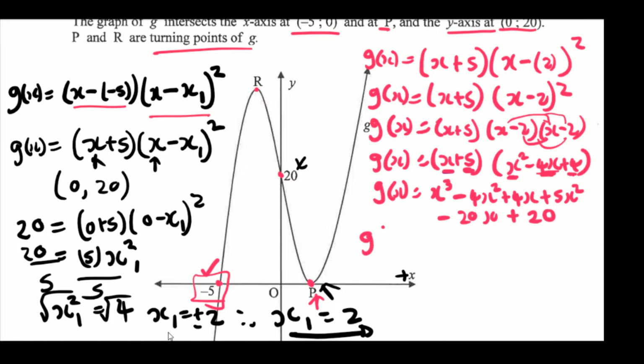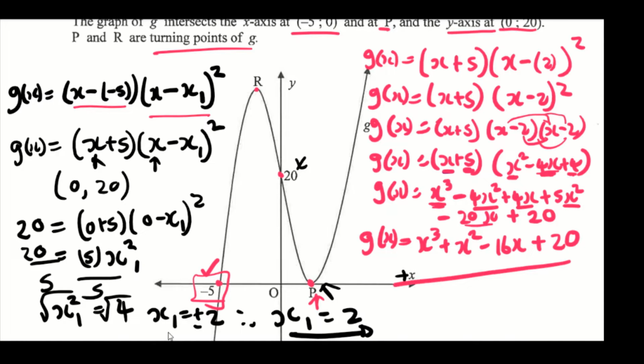So let's collect the like terms of this function. We have x cubed, and then minus 4x squared plus 5x squared is just positive x squared, and then plus 4x minus 20x is going to be minus 16x, plus 20.